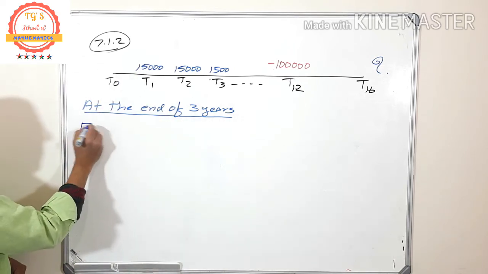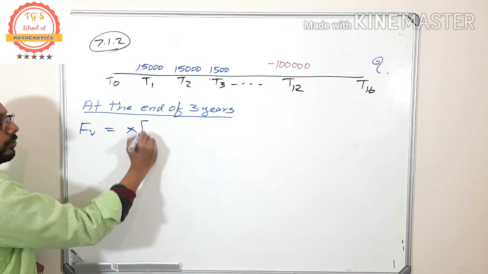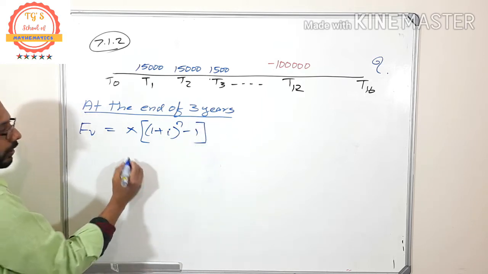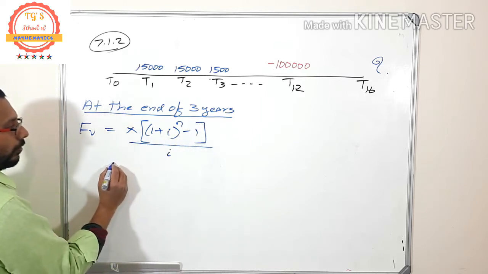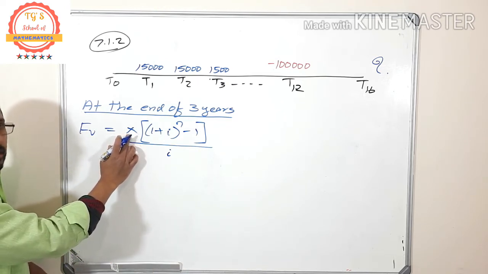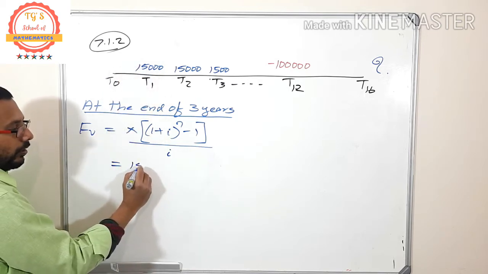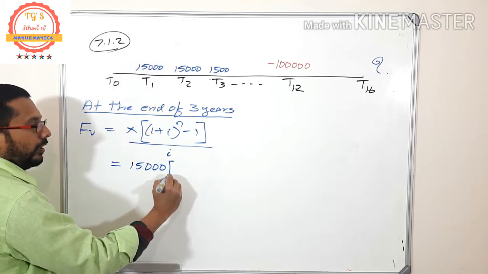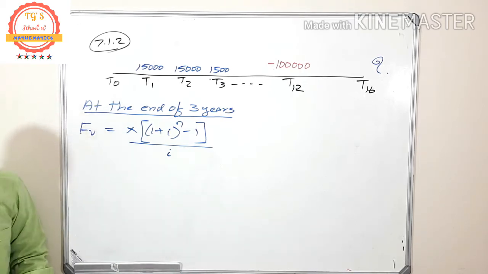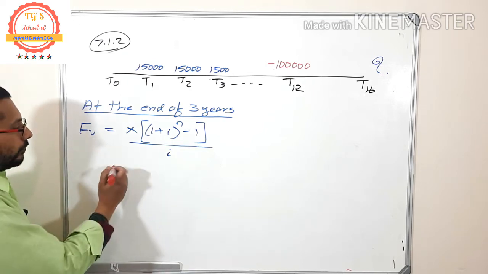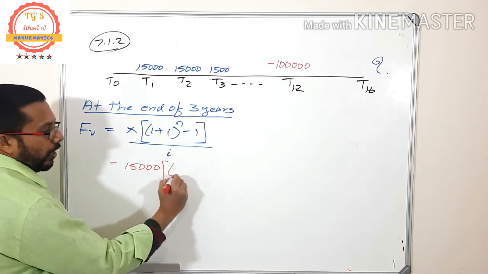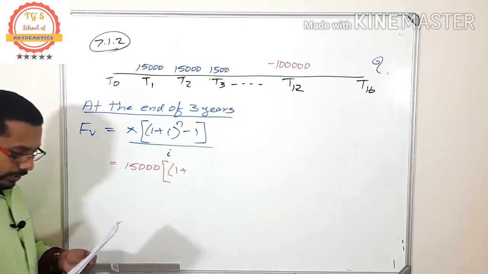So what is the formula? Future value is equal to x into 1 plus i, the whole raised to n, minus 1, divided by i. So we have to substitute the values. What does x stand for? Monthly installment. So what is the installment? 15,000 into 1 plus, what is the interest rate? What was the interest rate given?